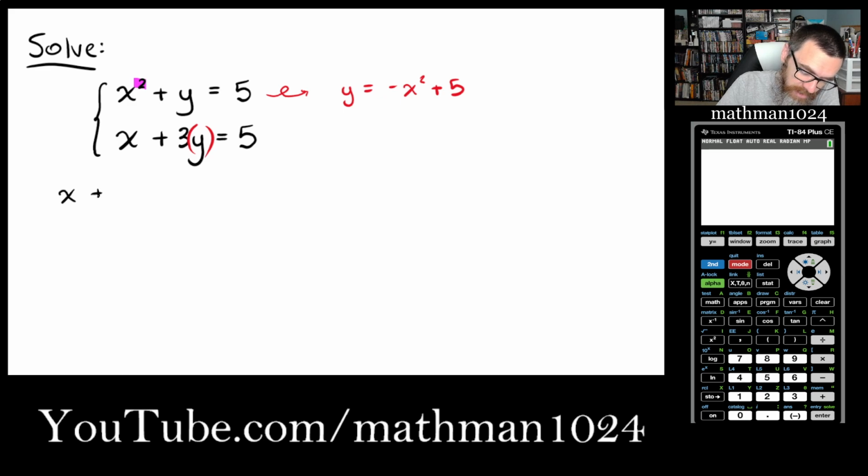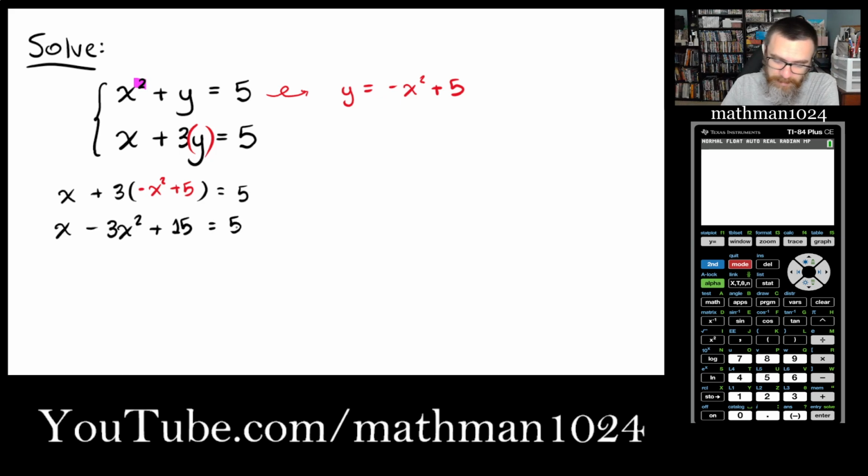So let's rewrite this. So we have x plus 3 times, and we're plugging in negative x squared plus 5, and this equals 5. Make sure that you are very careful about how you distribute. So it's going to be negative 3x squared plus 15 equals 5.